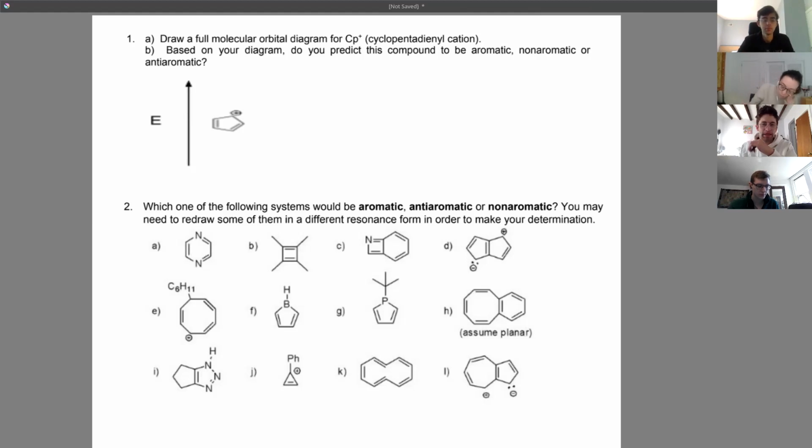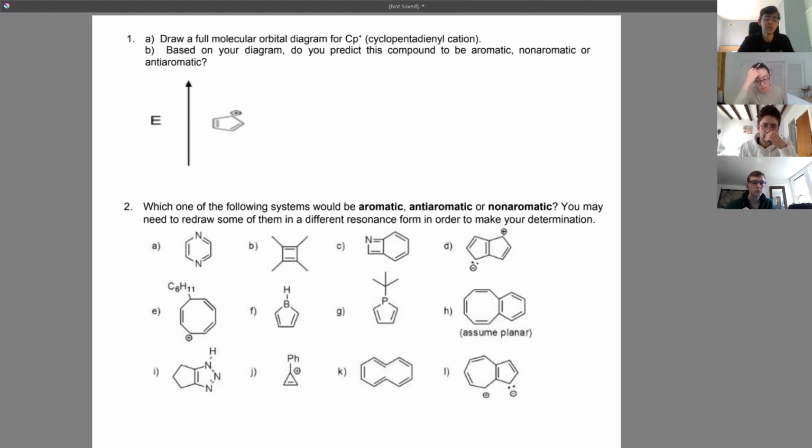And then for B, did you guys say non or anti? So I'm thinking anti, but I said non, just because I remember the cyclobutane wasn't aromatic in lecture. I don't remember why, but I said non. Isn't the cyclobutane anti, I thought? Yeah, I think so. Okay.